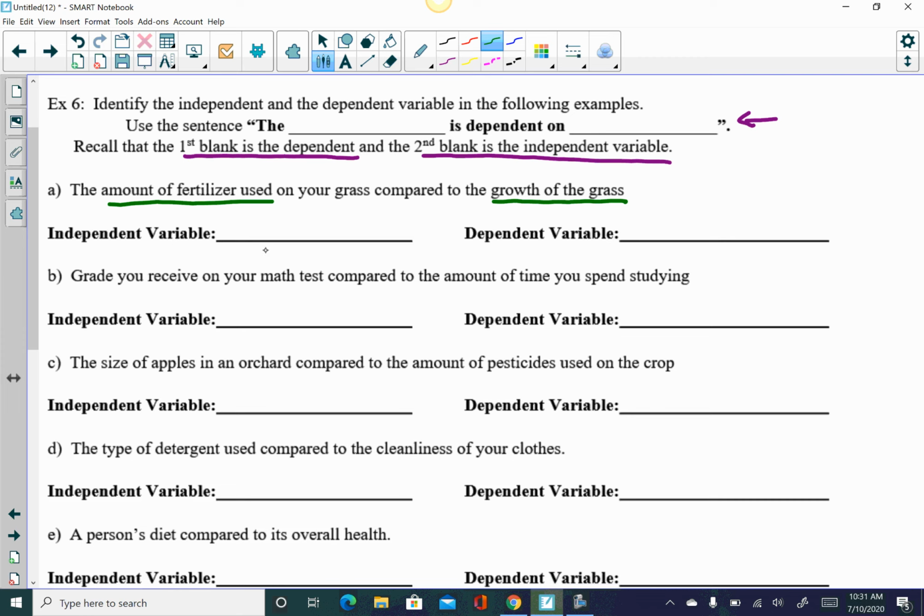But if I use a lot of fertilizer, it's going to become lush and thick, hopefully, if it follows suit with what the bag says. So the growth of grass is dependent upon the amount of fertilizer used.